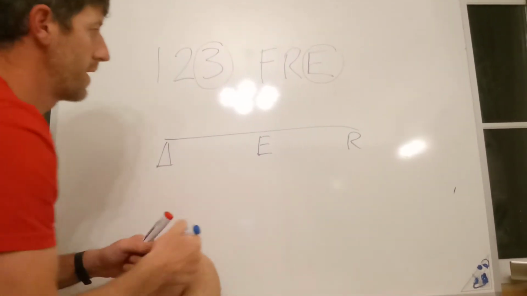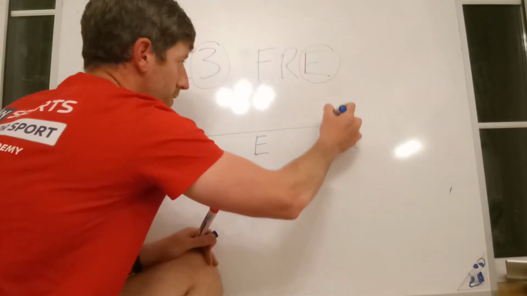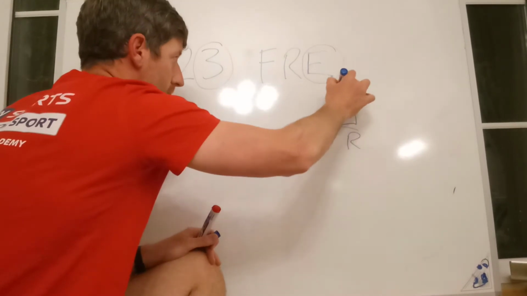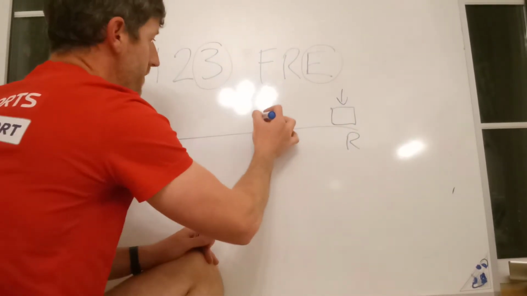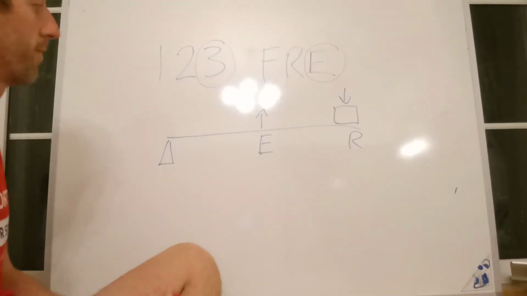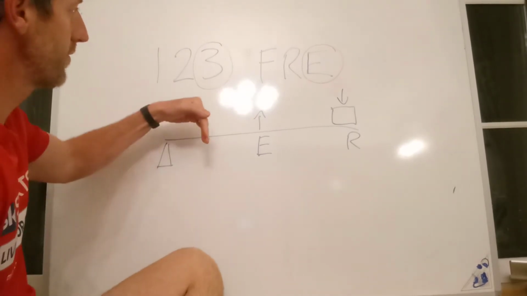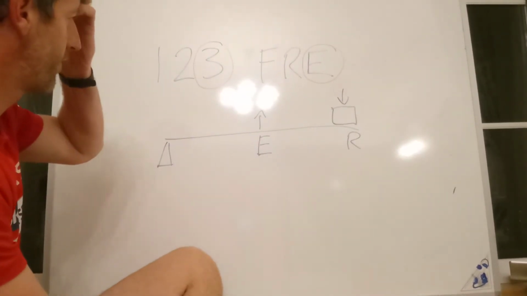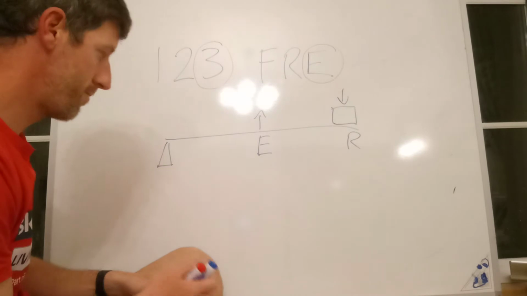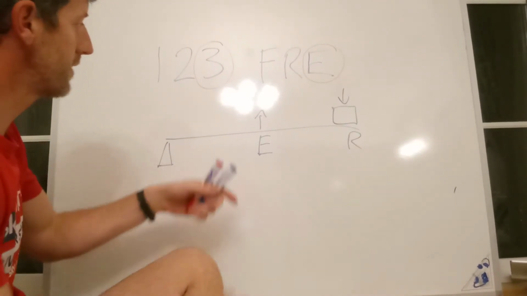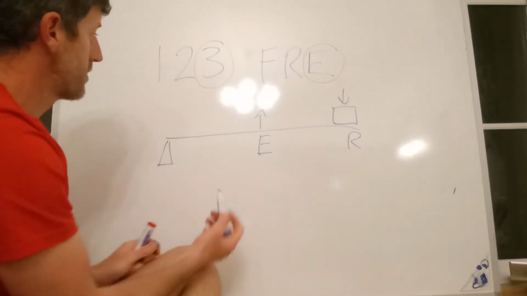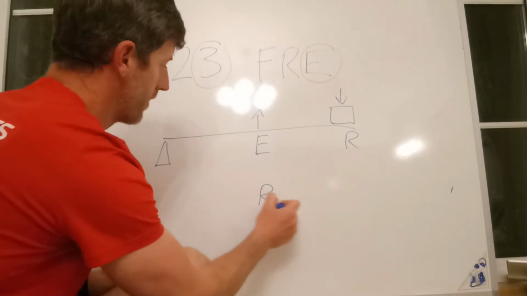Again, the resistance is probably going to be acting down, and therefore the effort arrow will be pointing up. So the effort's on the opposite side now. Before, with class 2, you had this the other way around.